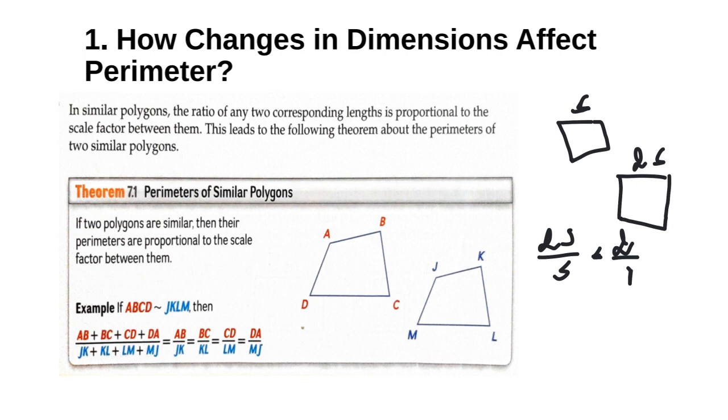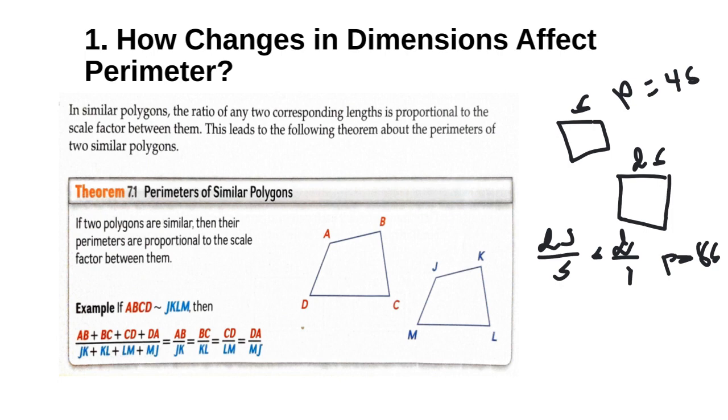Now we have the perimeter of the smaller square is 4 times S, and the perimeter of the larger square is 8S, which is 4 times 2S, so that will give us 8S.